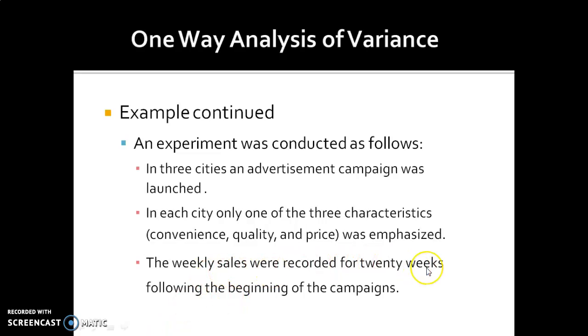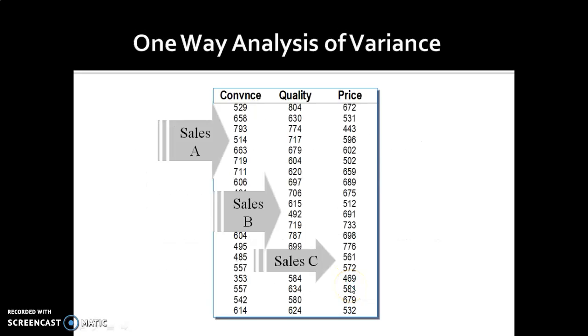The weekly sales were recorded for 20 weeks following the beginning of the campaign. Once the advertising campaign was started, he recorded the weekly sales for the next 20 weeks. Now these are the sales figures of city A, depending upon the convenience of the product, these are the figures of city B, depending upon the quality, and this is the sales of the third city, where the low price was emphasized.